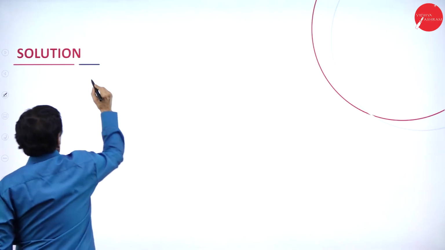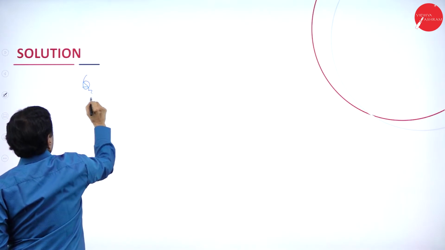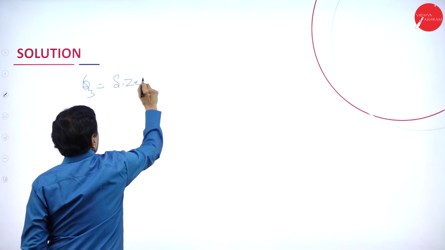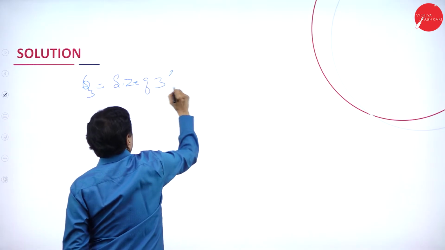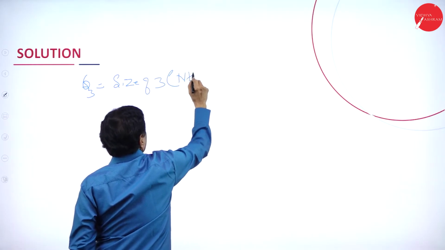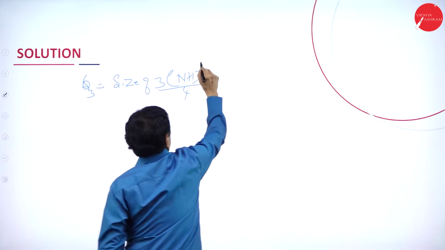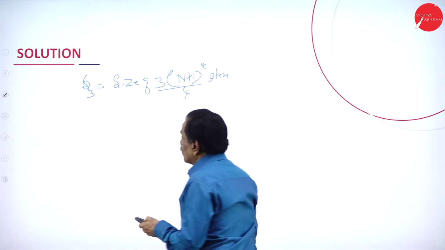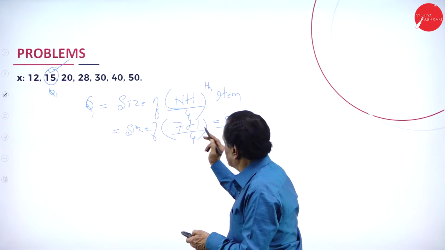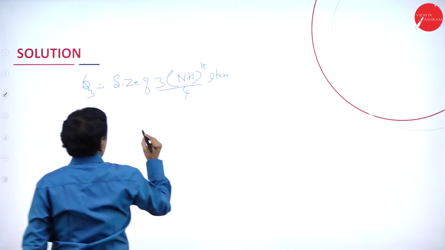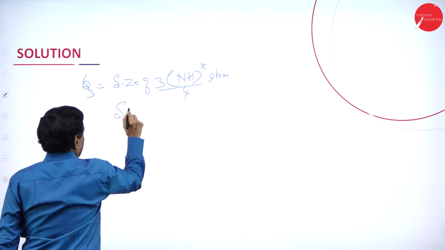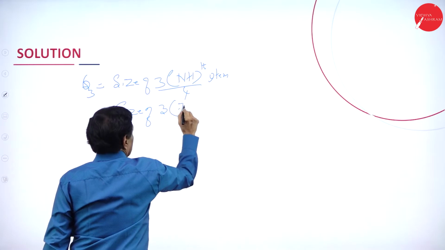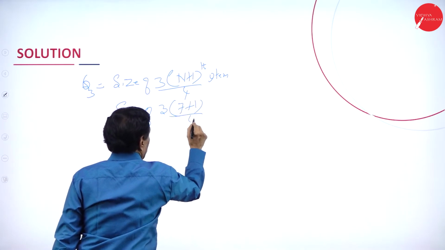So we'll go to the next one. Q3 is equal to the size of 3 into (n plus 1) divided by 4th item. How many numbers are there? 7. 3 into 7 plus 1 divided by 4.